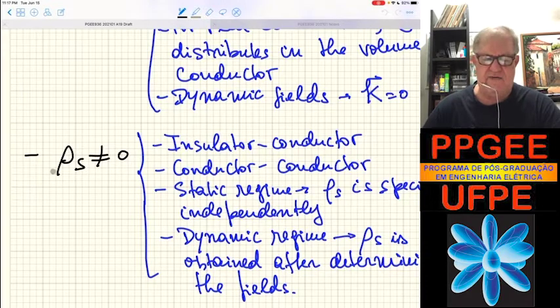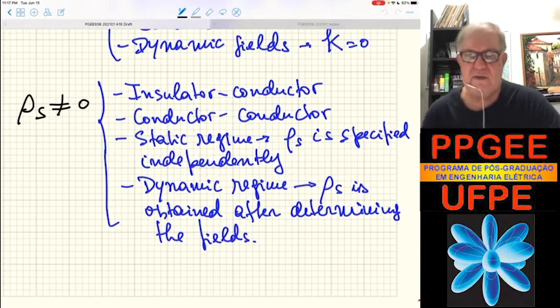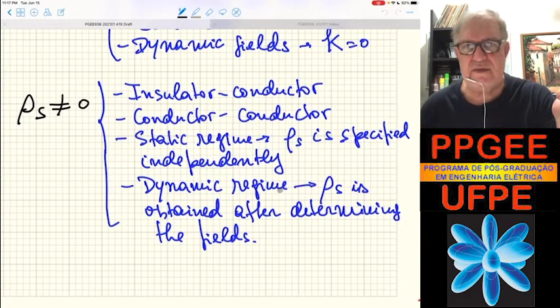On the surface charge densities, well, we might have those if we have a contact between an insulator and a conductor, and also between conductors. We might have a charge accumulation on a conductor. In the static regime, the rho s, the surface charge density, is specified independently in several problems. But for dynamic fields, rho s is determined after you obtain the fields.